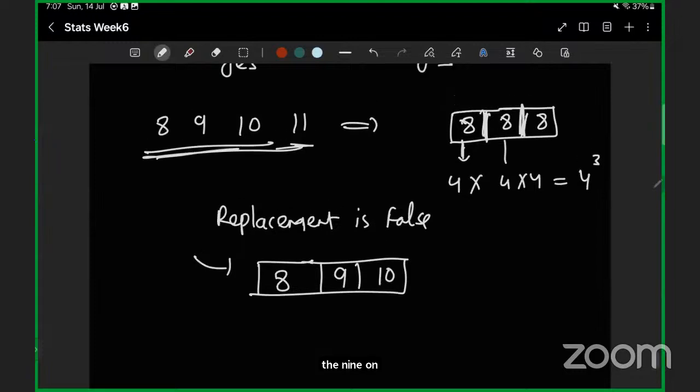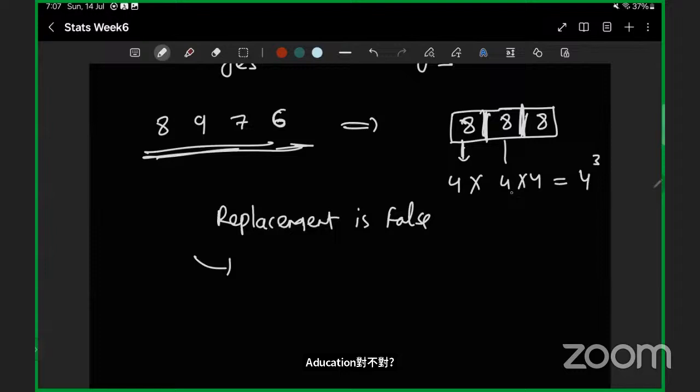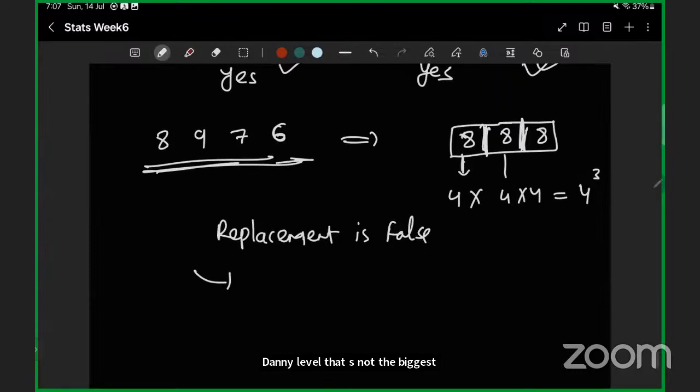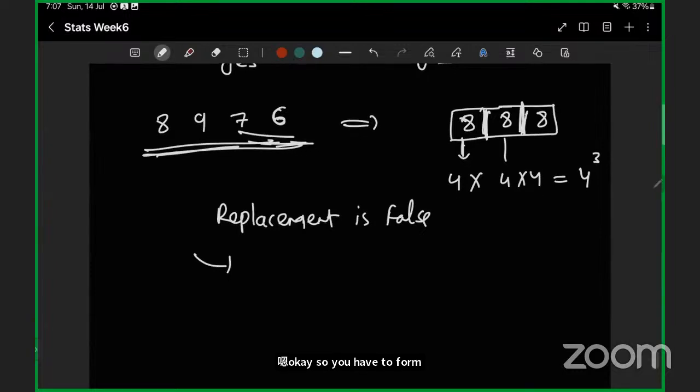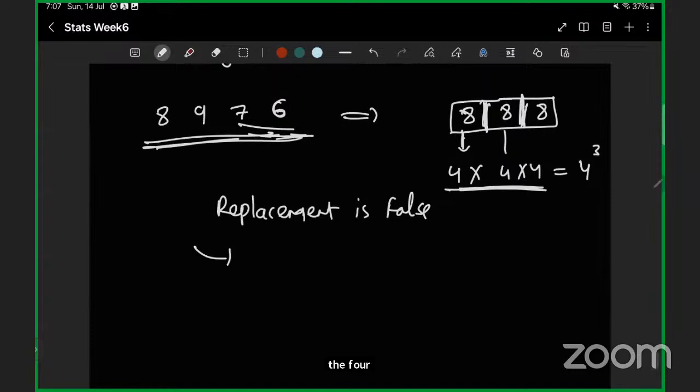Okay, 10 and 11 are not single digits, that's it. So if you have to form a three-digit number out of this, you have four options. If replacement is true, all four can come up, but if replacement is false, all four will not be there once one is selected.